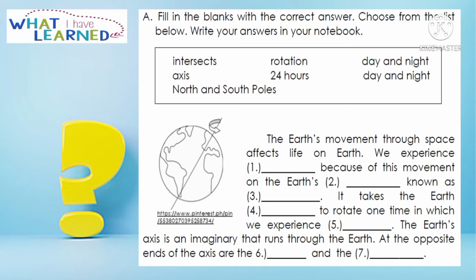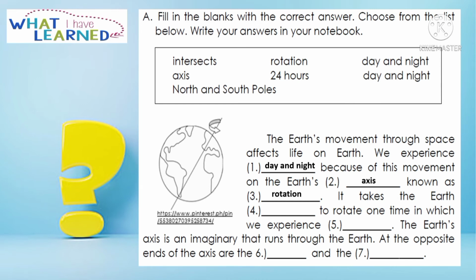Okay, let us find out if your answers are correct. The Earth's movement through space affects life on Earth. We experience day and night because of this movement on the Earth's axis, known as rotation.